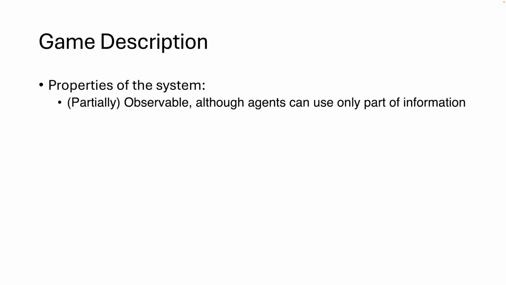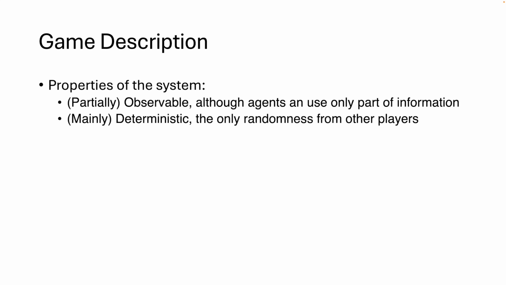The properties of the system are the following. First of all, it is observable or partially observable, since some agents can use only part of the information. It is deterministic mainly, since we know for sure what will happen on each step. The only randomness can come from the movement of other players.